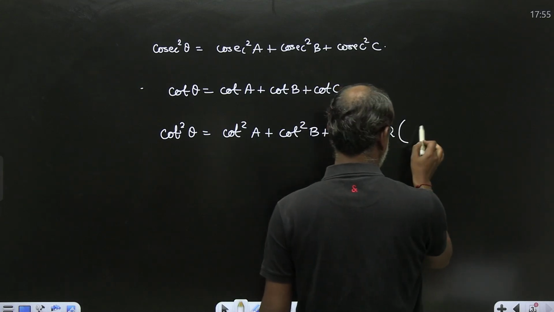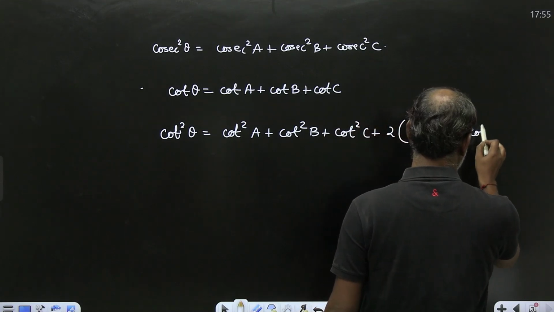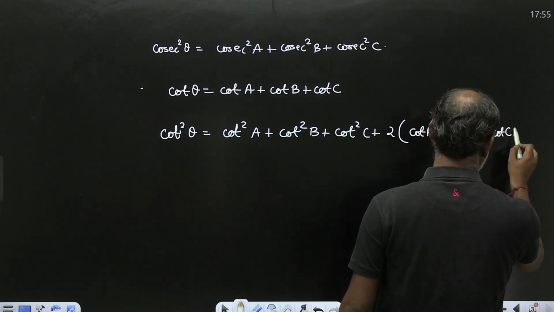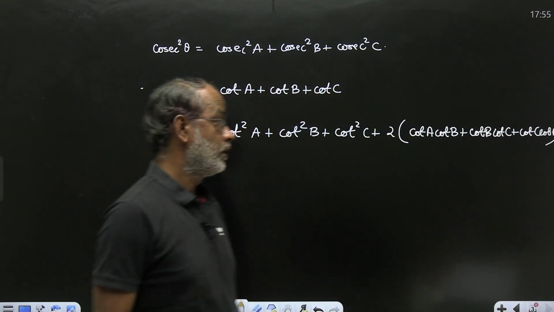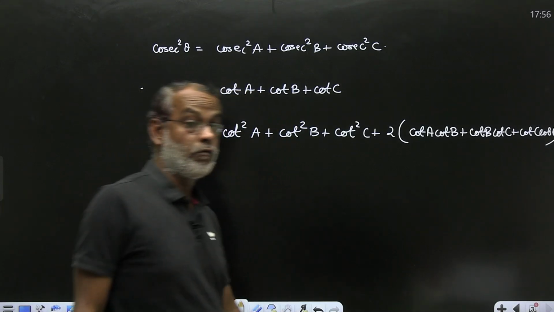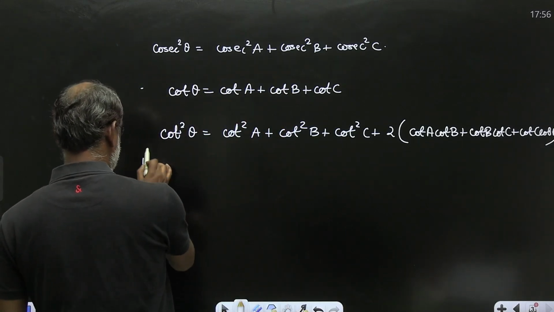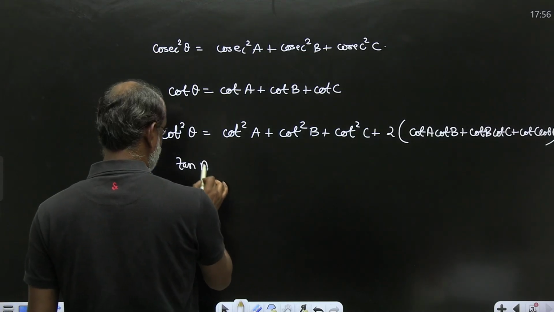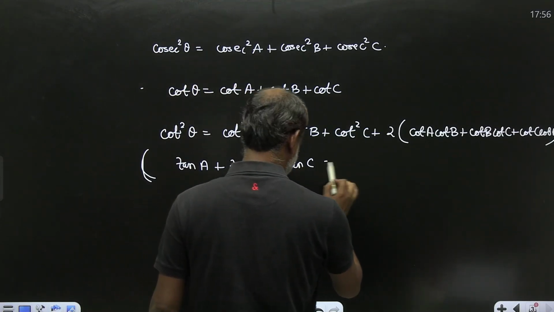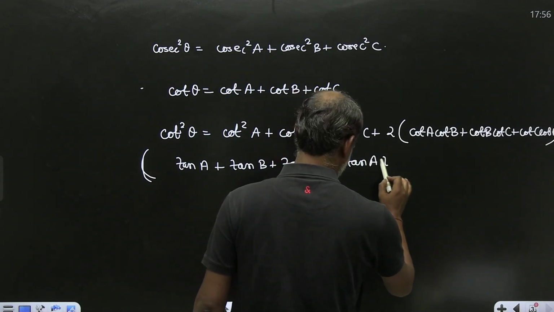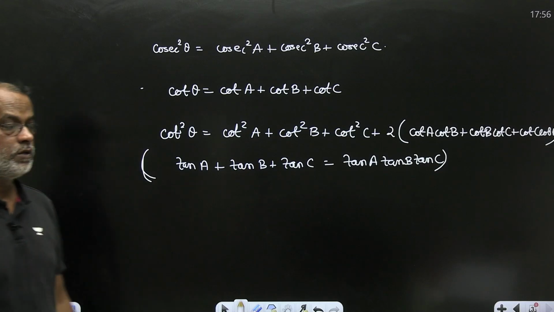Plus 2 times cot A cot B. Now, if you remember, what we learned in the last class was, in a triangle, tan A plus tan B plus tan C is tan A tan B tan C. I hope I very specifically told you to keep this in mind.